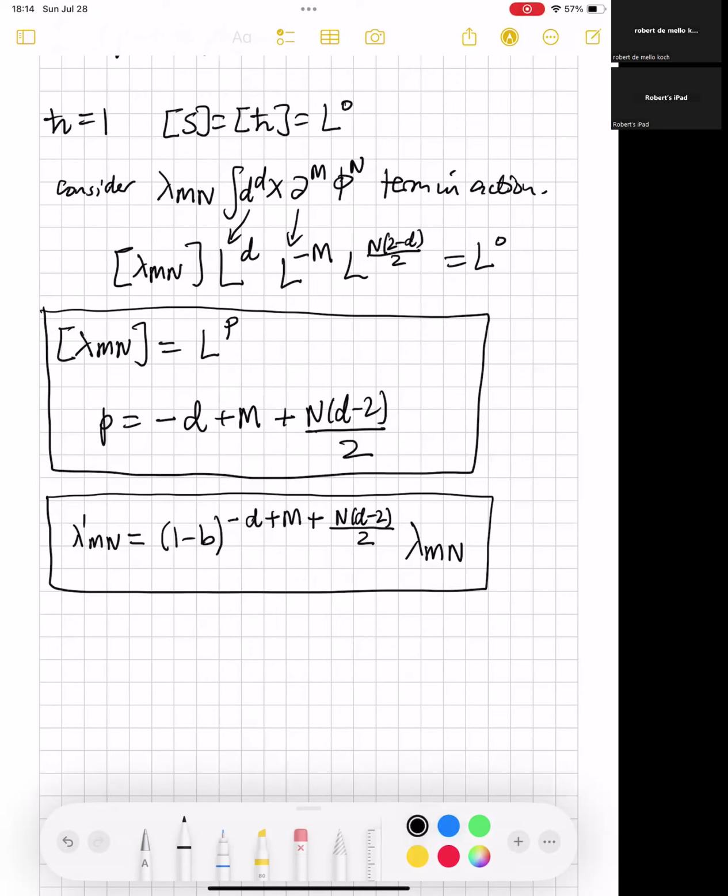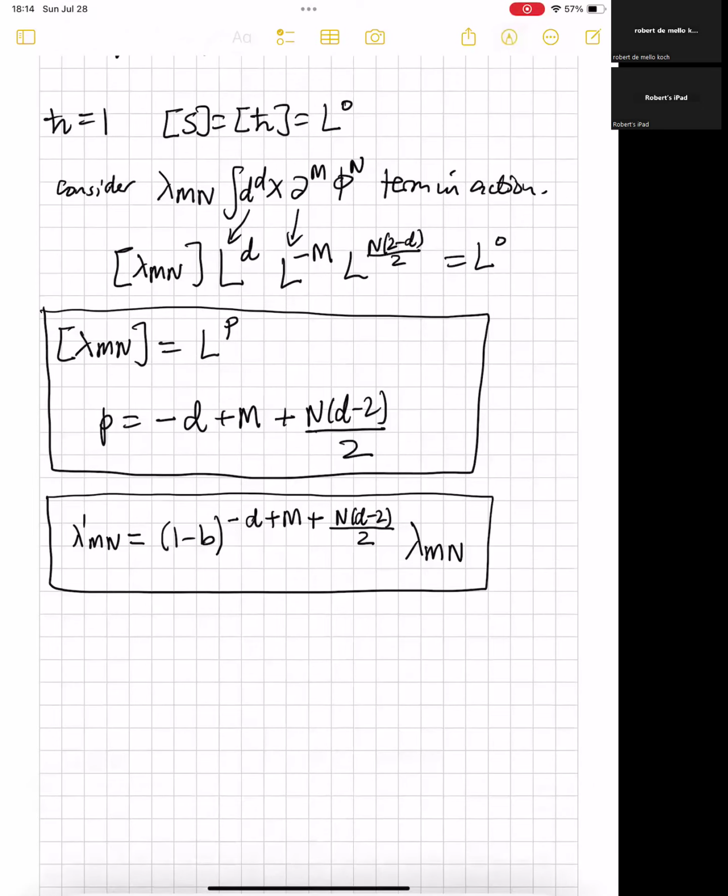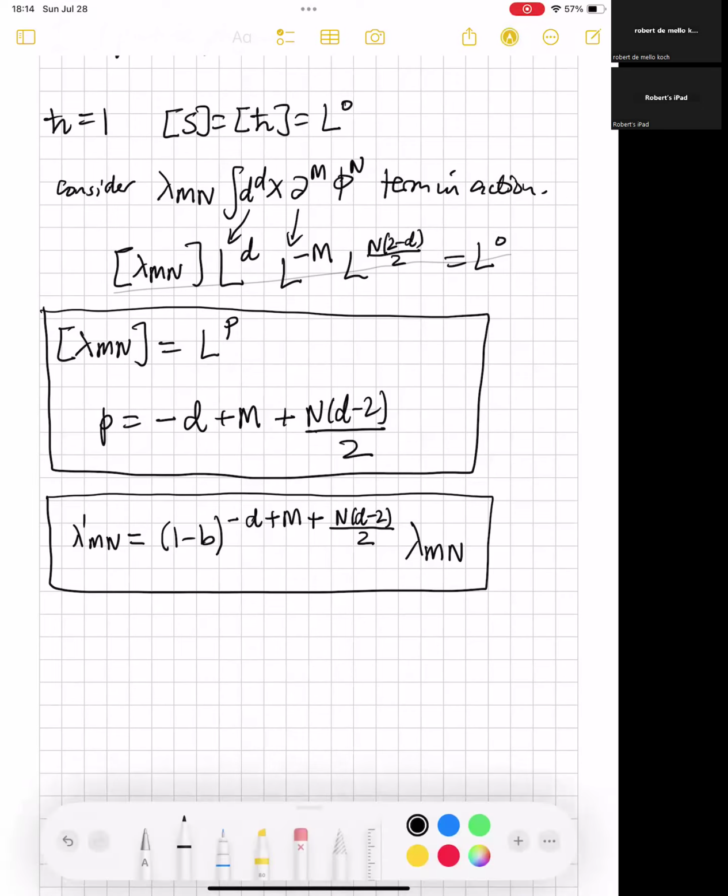And what's more, we said that whenever b appears with a positive power, that's when we have an irrelevant operator. So for an irrelevant operator, now we see what it means.